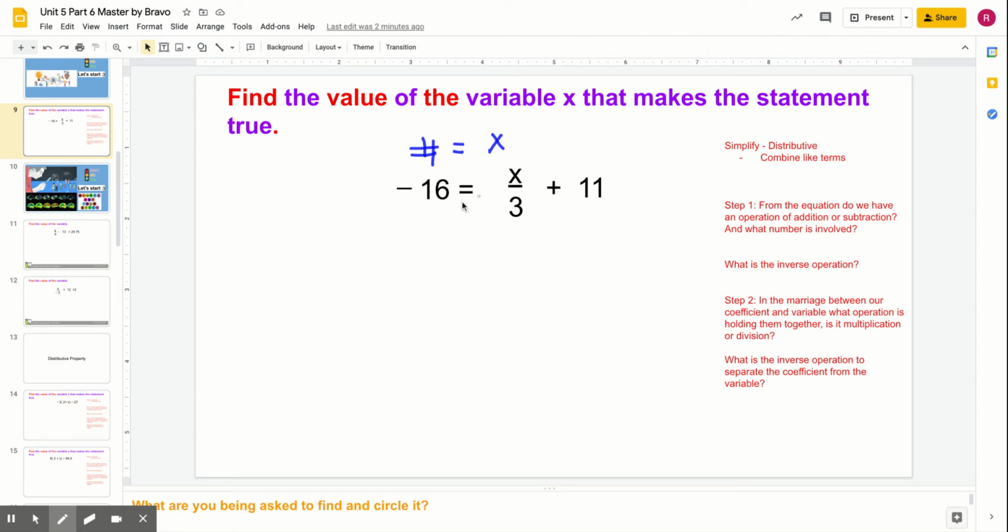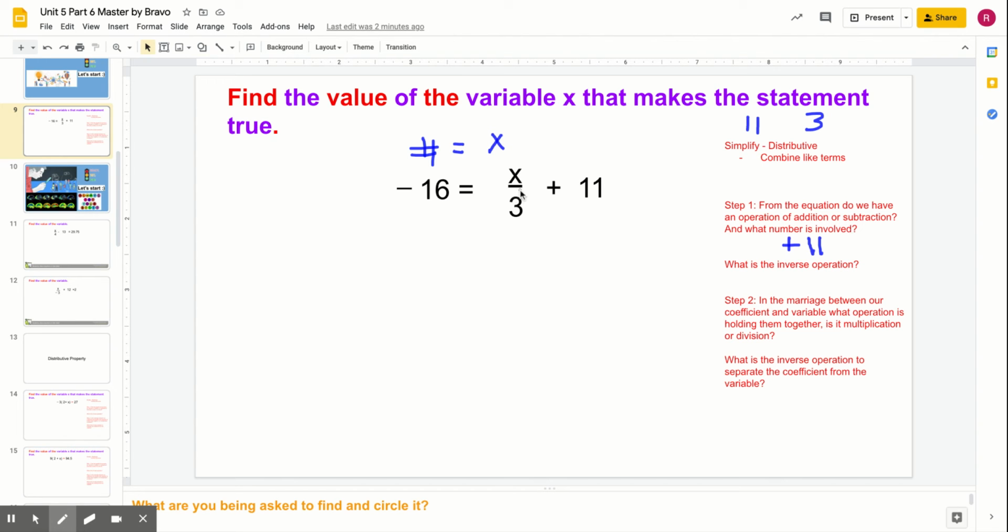Anyways, looking at my problem, I noticed that x is involved in a relationship with the number 11 and number 3. Now, the relationship between x and these numbers involves operations. So looking at 11, I notice right away that it's being added to my x over 3. So 11 is being added.